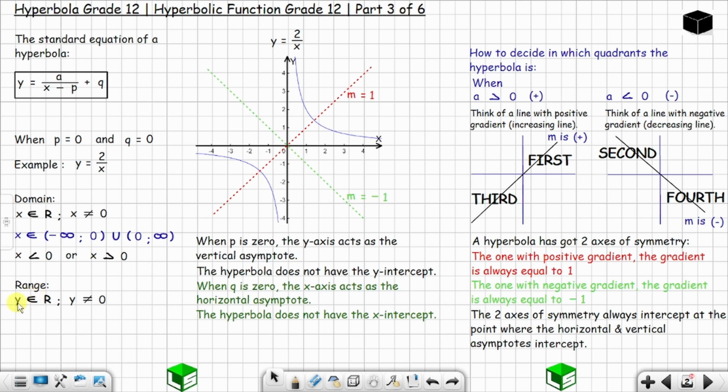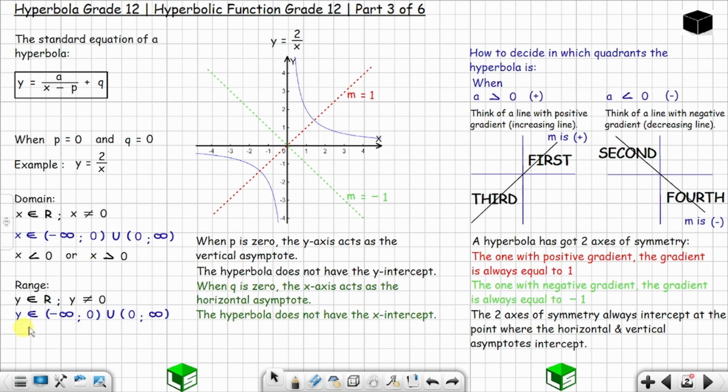Okay, so you have the range given like this, or you can give it as y element of this interval. From the bottom you have negative infinity all the way to 0, where you have a discontinuity. Union, now you start from 0 all the way to the top, which is positive infinity.